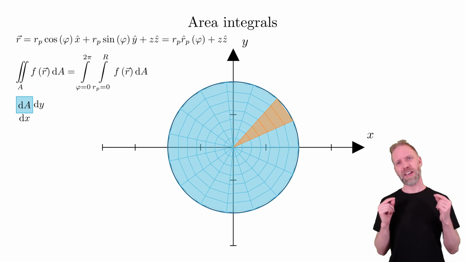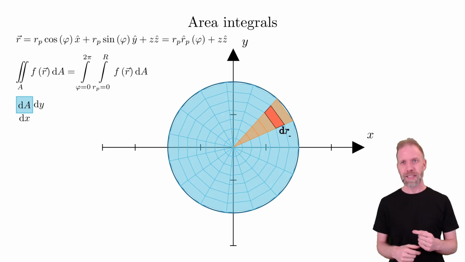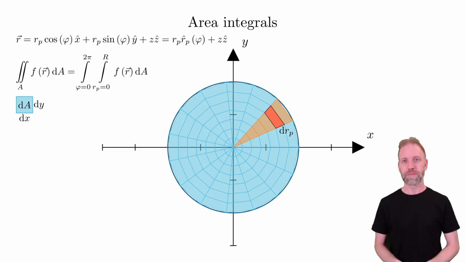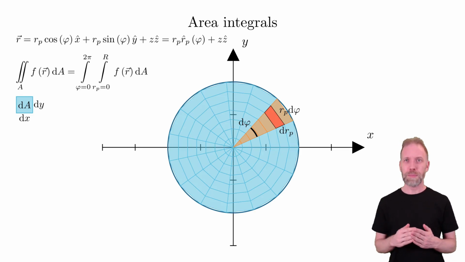The question, however, is, how large is one area element when using polar coordinates? Let us select one area element. The distance in the radial direction will simply be the d rho. Next, insert d phi into the figure. This means that the size in the tangential direction will be rho times d phi.